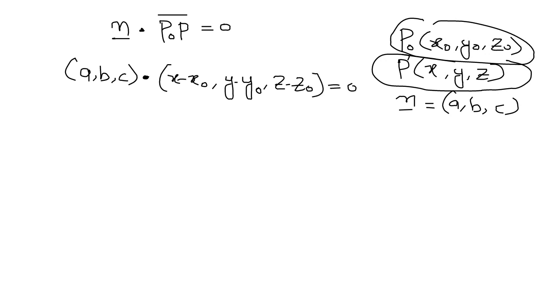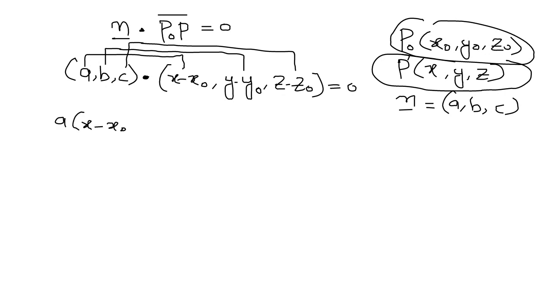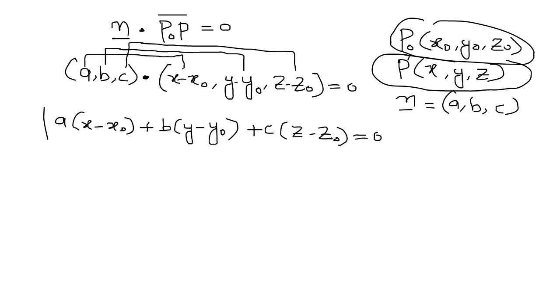How can you take the dot product? First component with the first component plus second component with the second component plus third component with the third component. So the first component is A, X minus X naught plus B, Y minus Y naught plus C, Z minus Z naught is equal to 0.